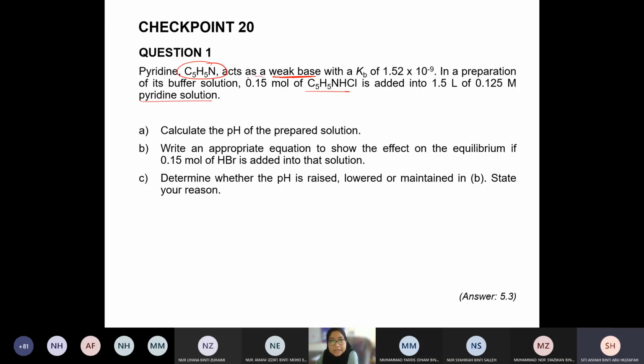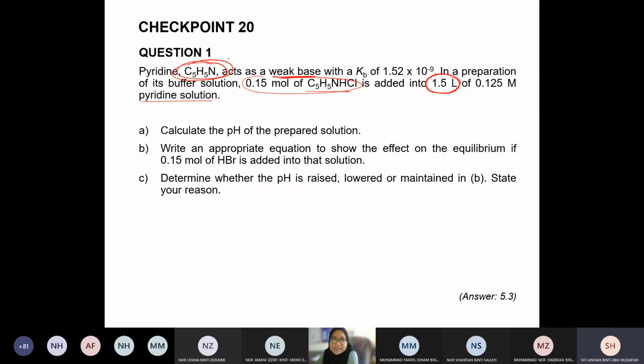This is the salt. This is the weak base. That means this one will be added into pyridine solution. So this is the volume of pyridine solution. Maksudnya kita boleh assume that the volume will still remain the same, sebab dia tak bagi any info on this one. So 1.5 liter. Calculate the pH of the prepared solution.